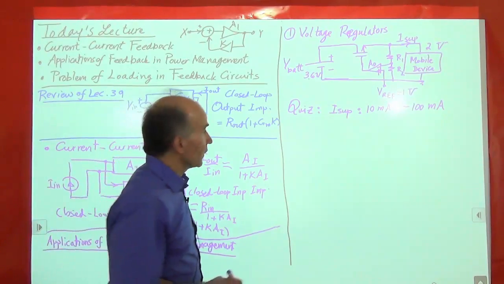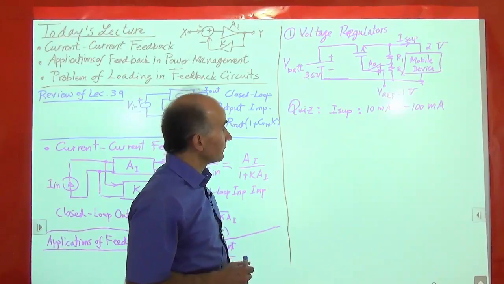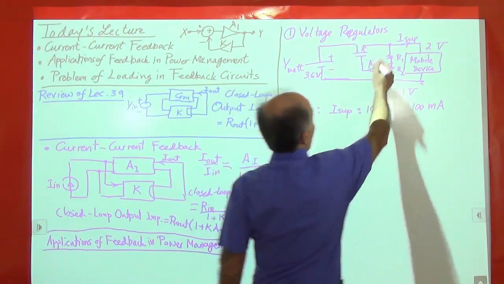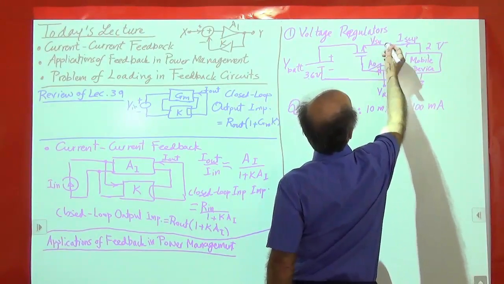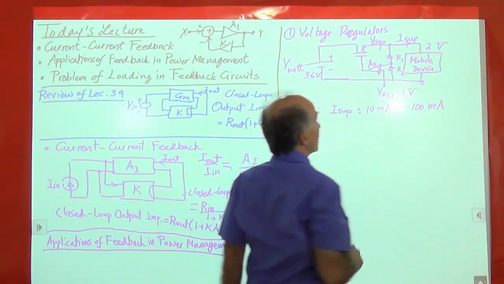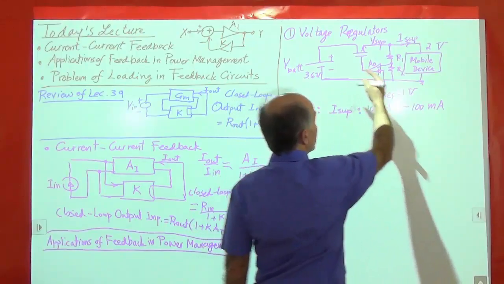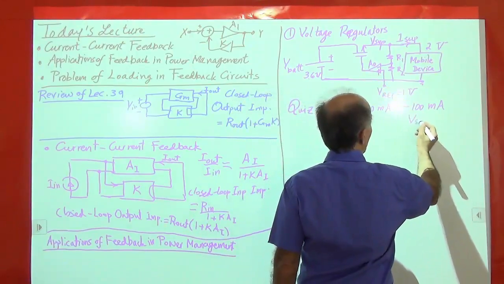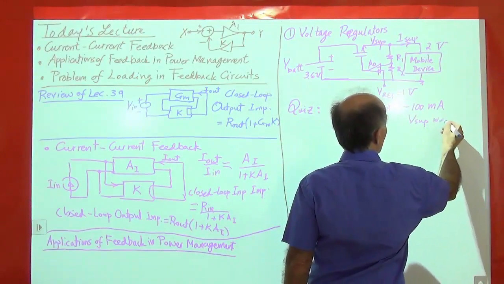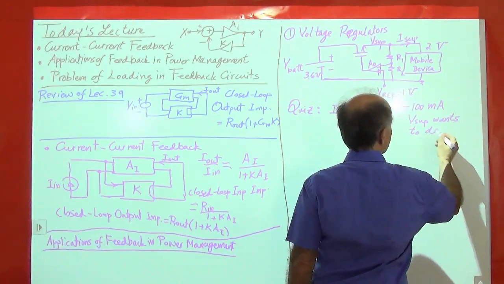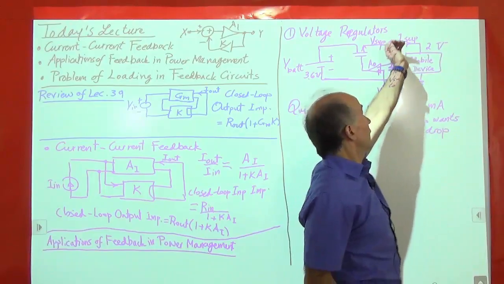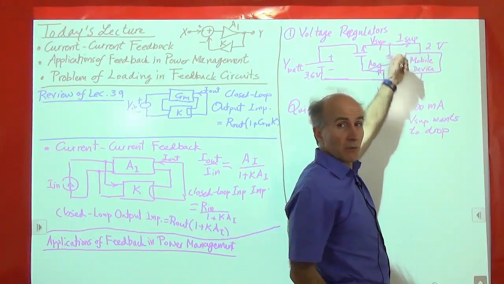Okay, so what do we have here? Well, let's call this voltage V sup. So what we see is that V sup wants to drop because we're trying to draw a large current here.